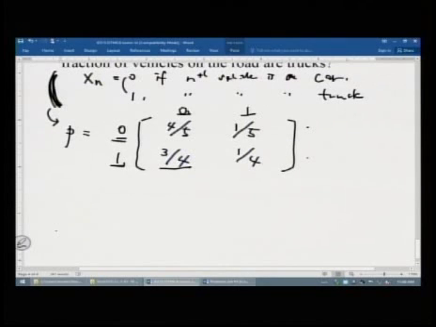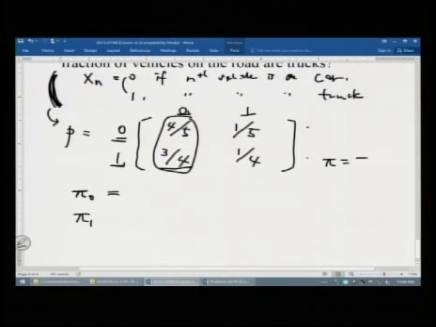Now we need to determine the steady state probability distribution. Since we have only 2 states, we're going to have pi 0 and pi 1, right? Pi 0 would be pi times the first column of this P matrix, because we are going to use pi equals pi P in matrix form.